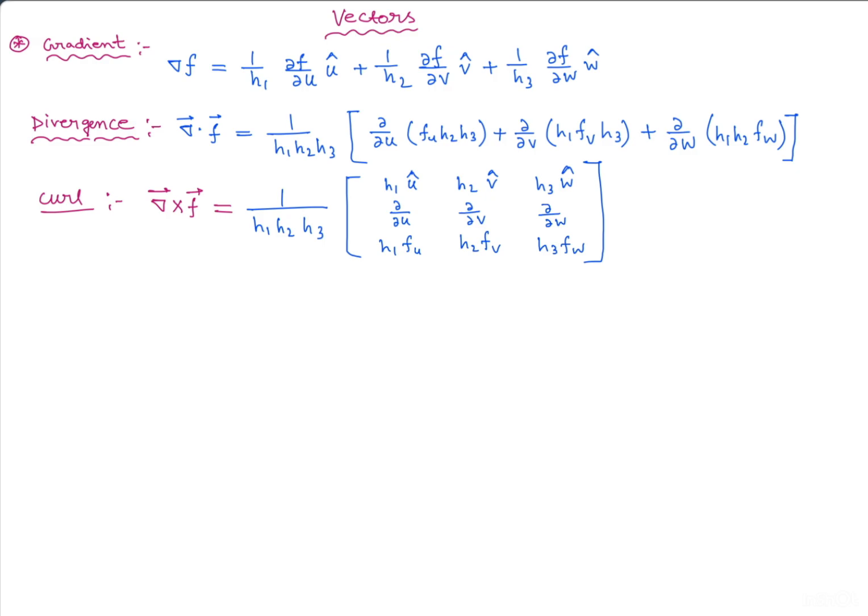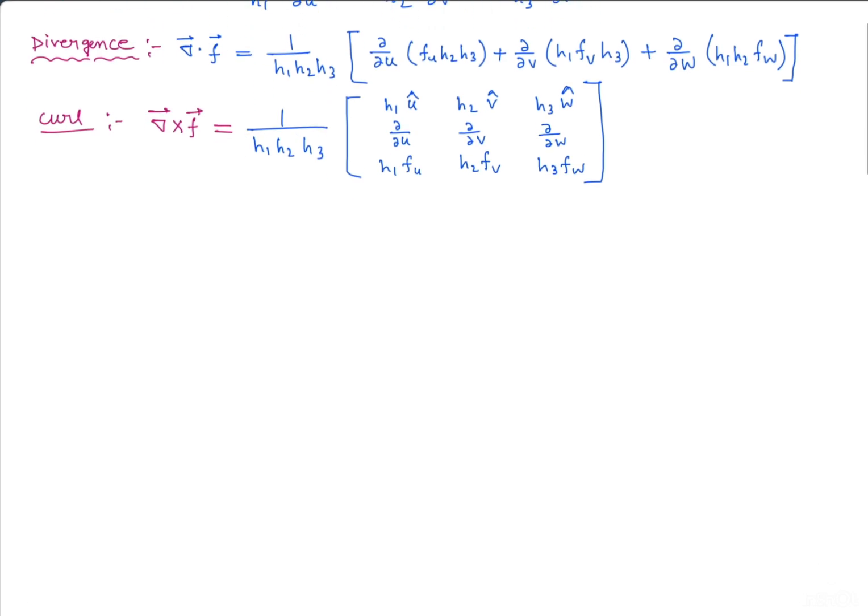So these are the general forms of gradient, divergence and curl.